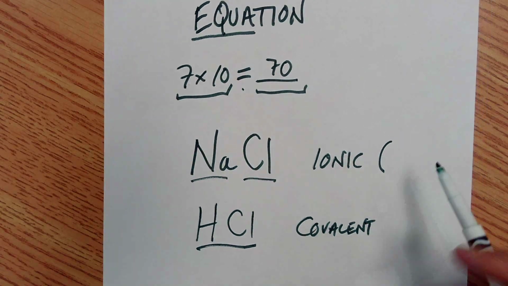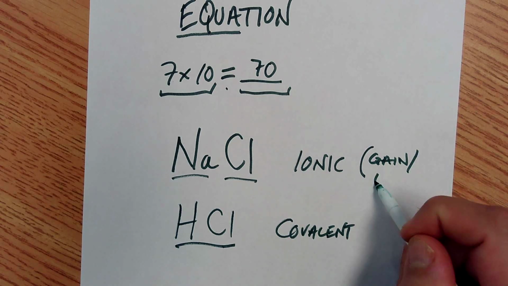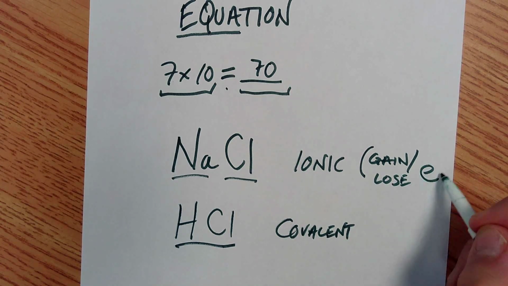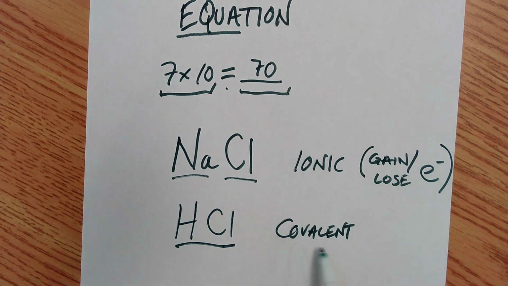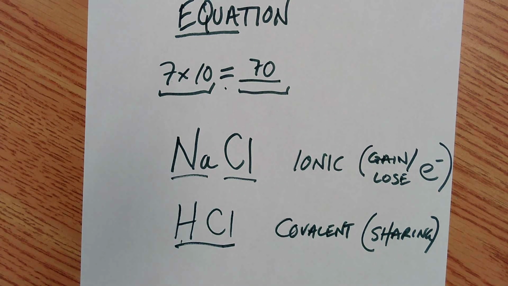Ionic bonds are the gaining or the losing of electrons, whereas covalent is the sharing, right? So hydrogen needs one, chlorine needs one, and they say, hey, let's just share one with one another, right? And so they end up doing that.